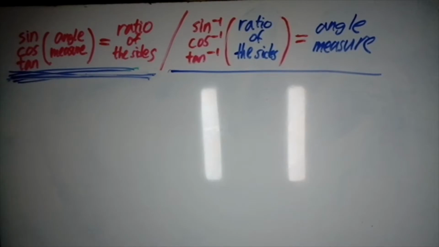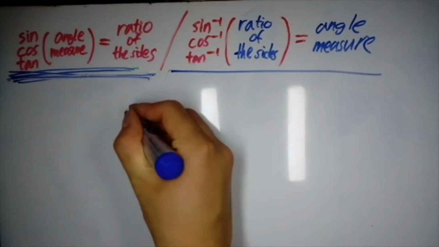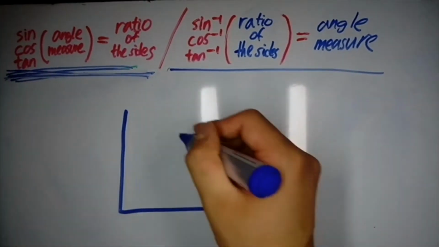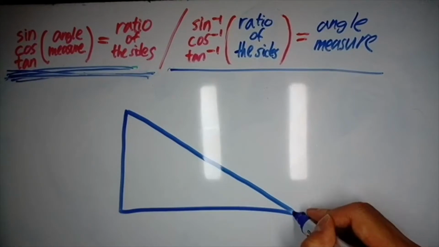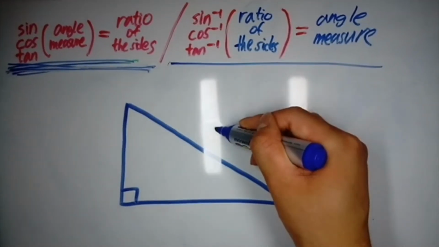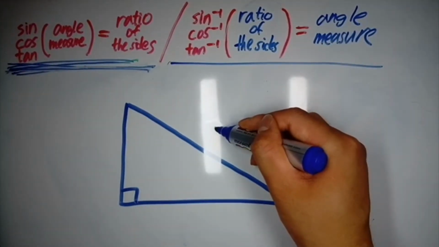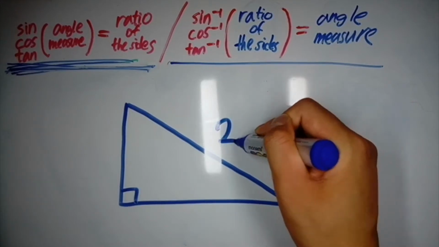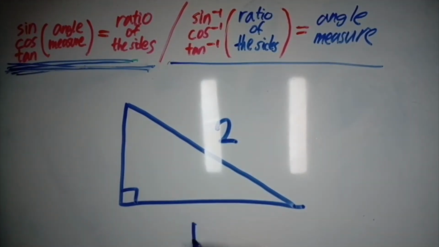Now, to give an example of how this inverse operation is used, let's take a look at a right triangle with the hypotenuse with the measure of 2 and with one leg with the measure of root 3.